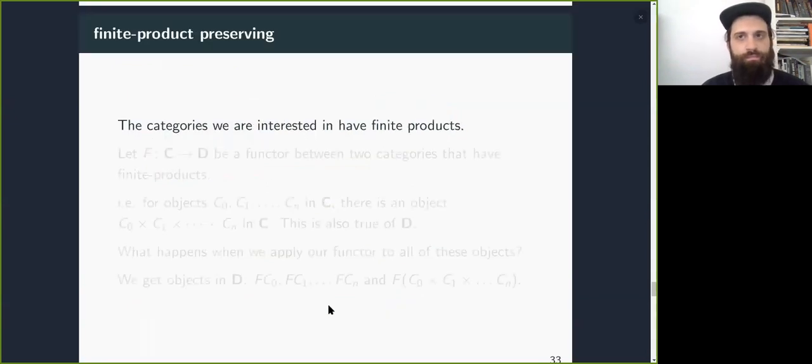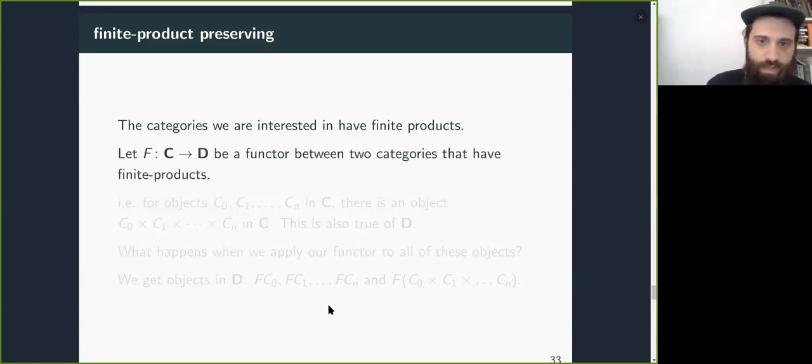Functors can also have all kinds of properties, like finite product preserving, and this is the kind of functor that we want for Lawvere theories. We talked about finite products. Not all categories have them, but the ones we're interested in do. Suppose that the categories big C and big D actually do have finite products.